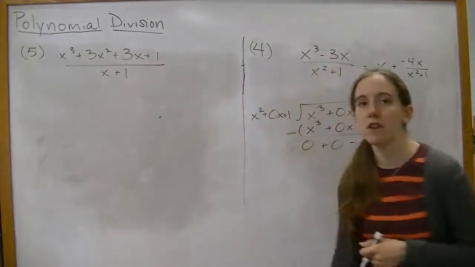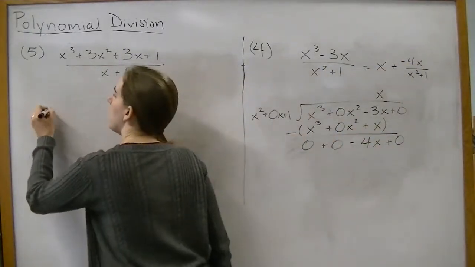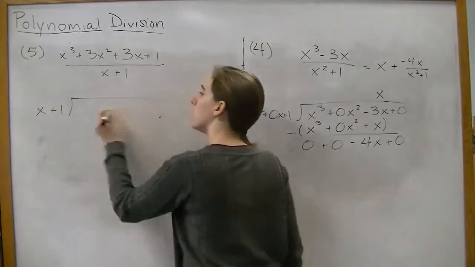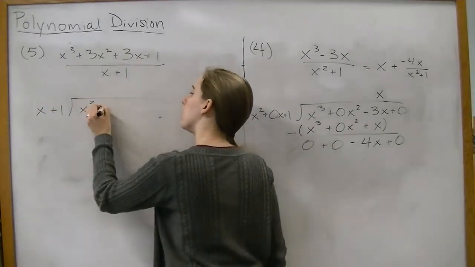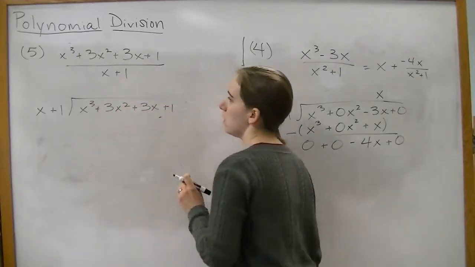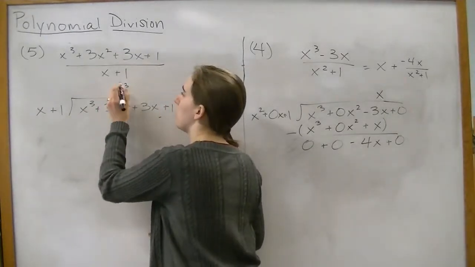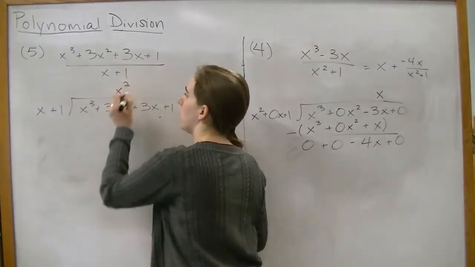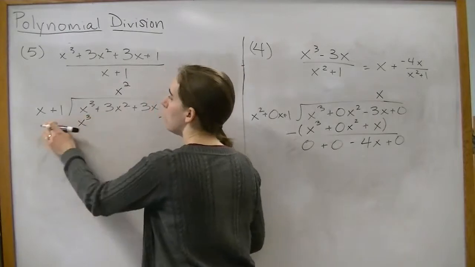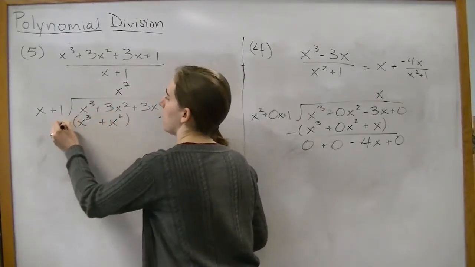So we're going back to first degree divisors here. So let's set it up. So I need to multiply x by x squared to get my x cubed. x squared. So I get x cubed plus 1 times x squared, or just x squared.